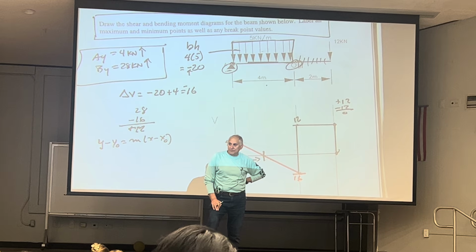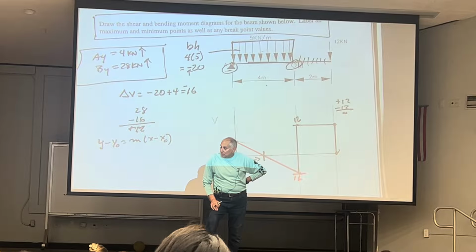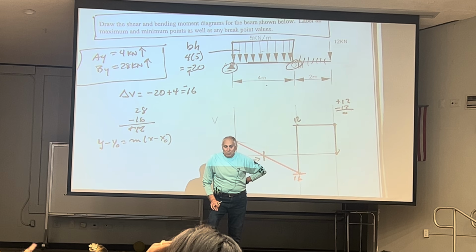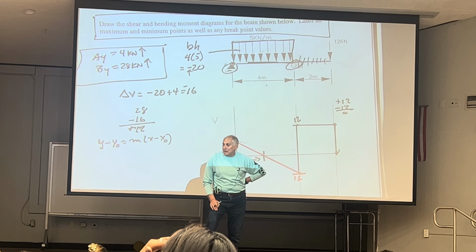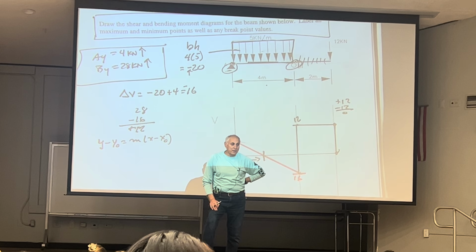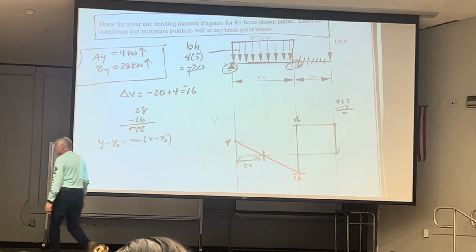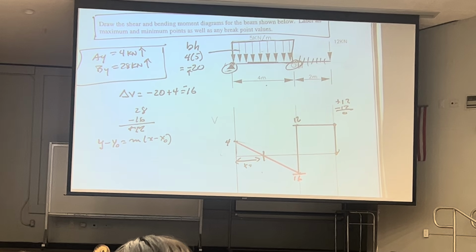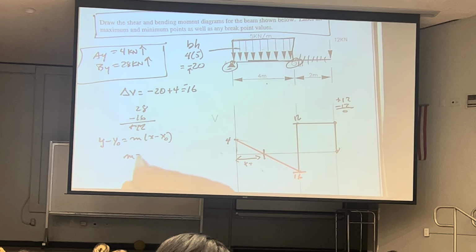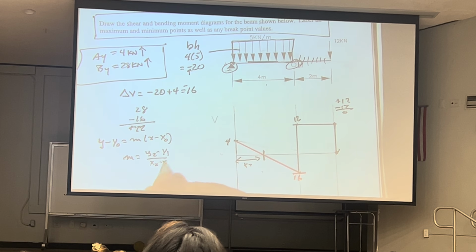Oh, this is a hard question. What is it? y2 minus y1 over x2 minus x1. Everybody remember that one? Don't need it. You should know already without having to do any of that. But you can. Let's do it just for argument's sake. m is equal to y2 minus y1 over x2 minus x1.